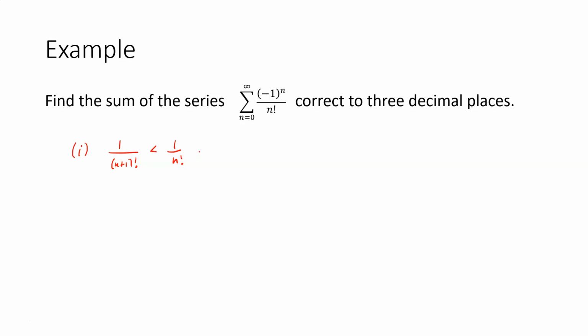So it satisfies that first condition. And then the second condition, that the limit as n goes to infinity of 1 over n factorial is certainly going to go to 0, since n factorial goes to infinity.